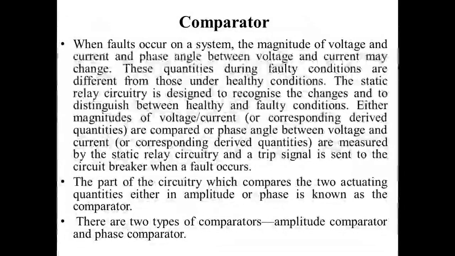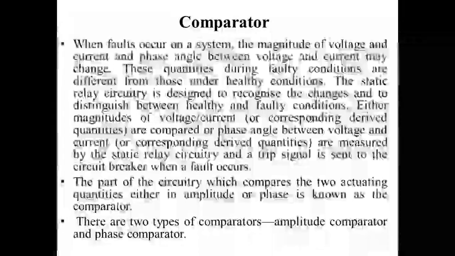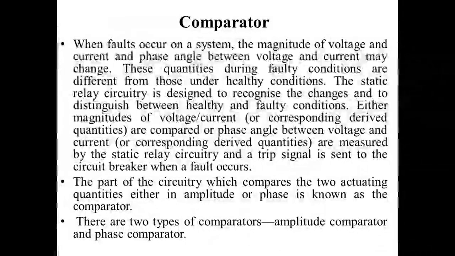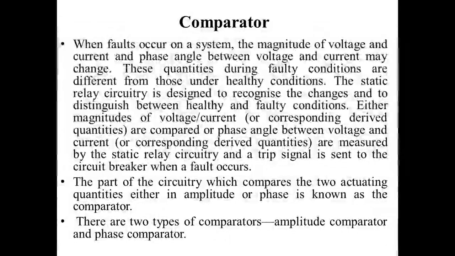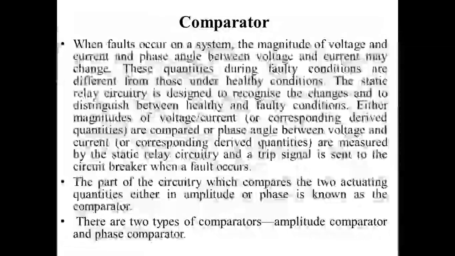In the power system, at the normal condition, no fault occurs on the system. When a fault occurs on the system, the magnitude of voltage and current and the phase angle between voltage and current may change. These quantities during faulty conditions are different from those under healthy conditions.